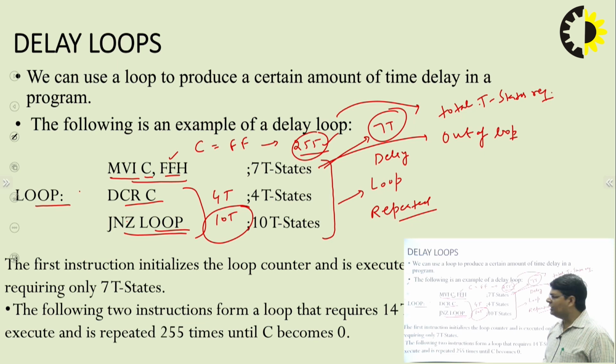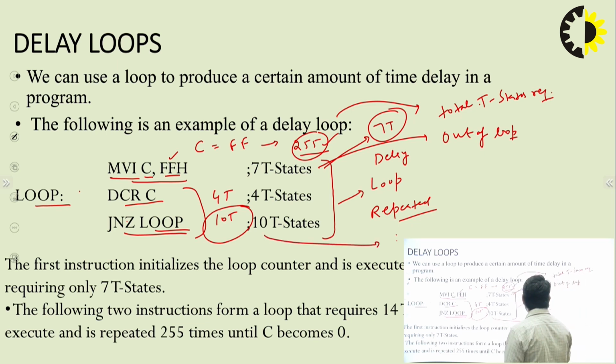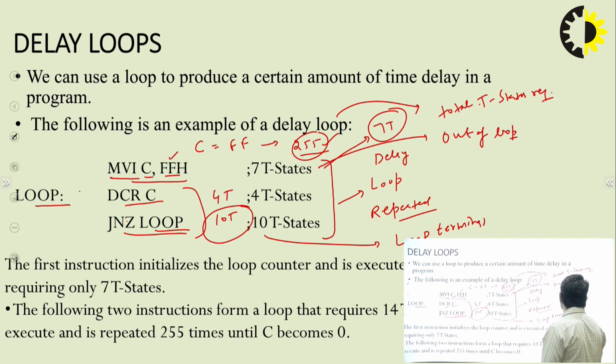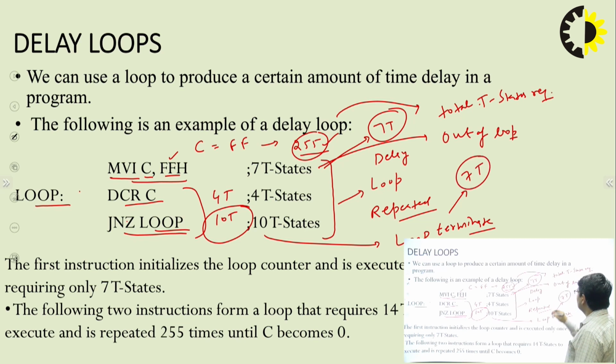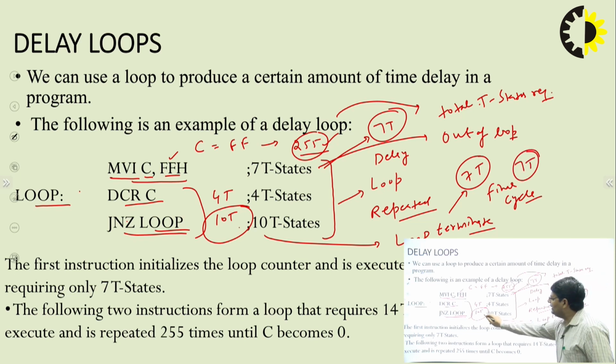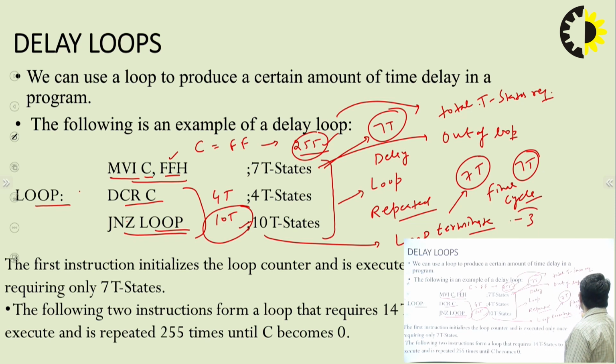When the loop will be terminated, that is in the final cycle when the loop will terminate, instead of these 10 T states, it will take only 7 T states. So in the final cycle, we will take 7 T states, or we can take 10 T states, but we will minus 3.